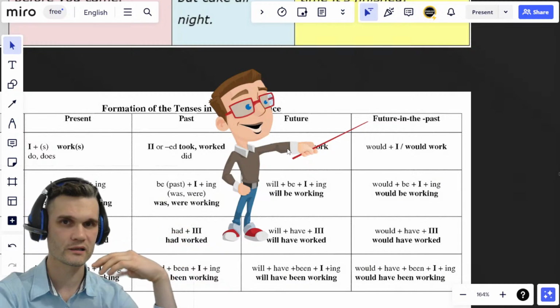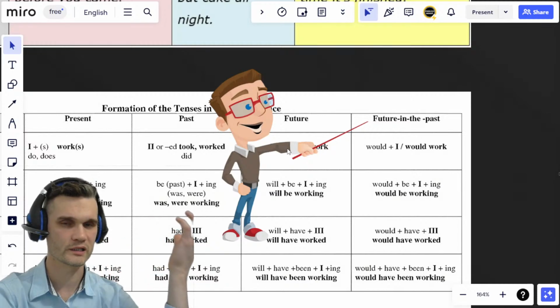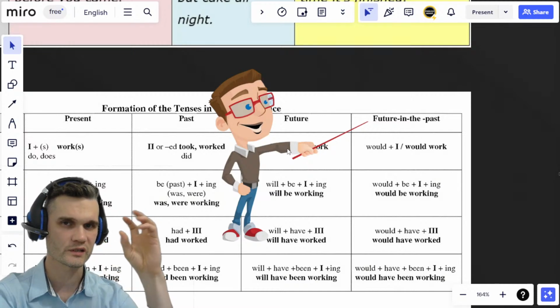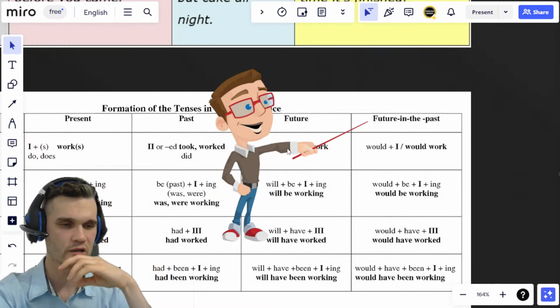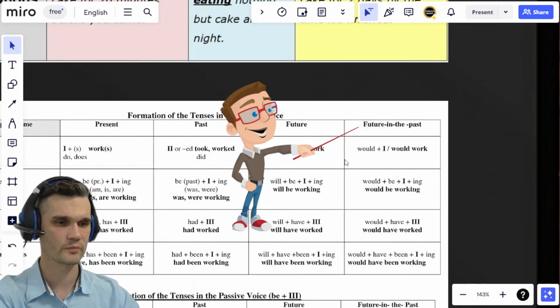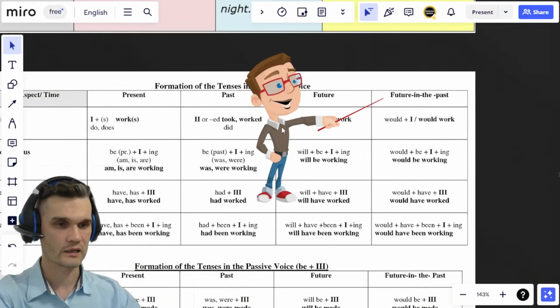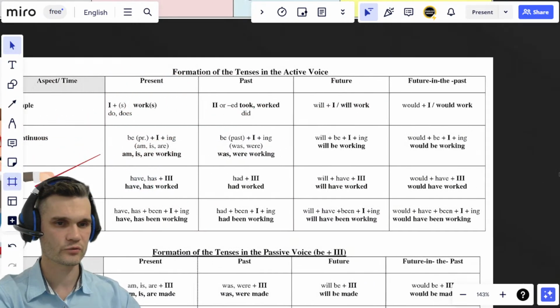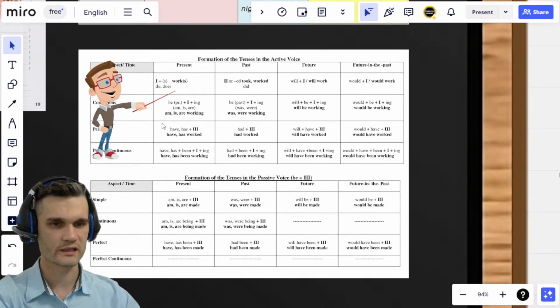But for us, we don't know what it is. It might be present, future, or the past. So it's very specific. When someone in the past was talking about the future, that is what future in the past is.